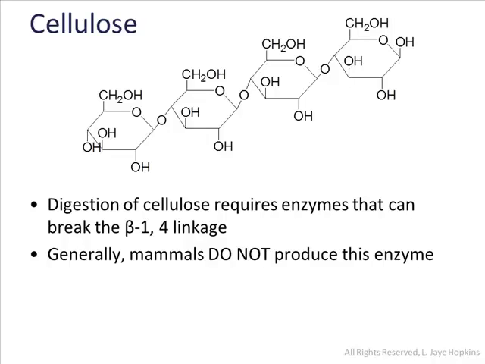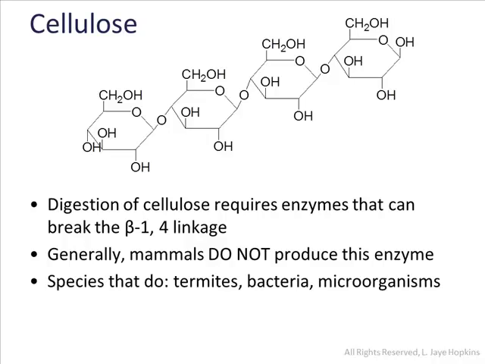The enzyme that's able to break apart the beta-1,4 link is generally only found in species such as termites and bacteria and other microorganisms. So what this means is when you consume cellulose as a human being, your body's not able to break apart the individual molecules, and therefore it can't access any of that glucose.